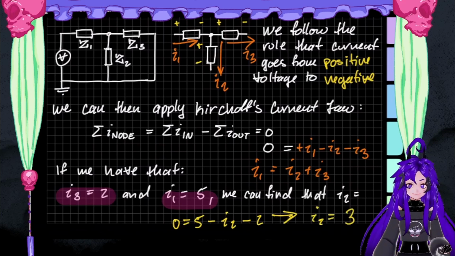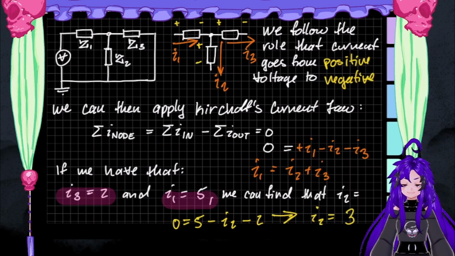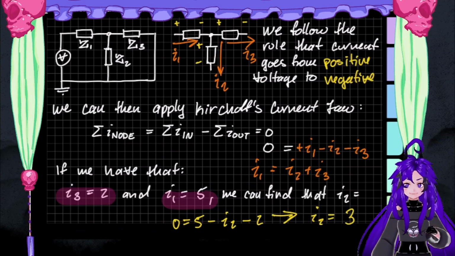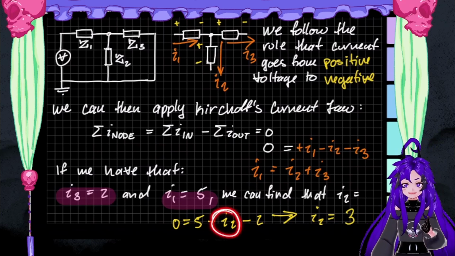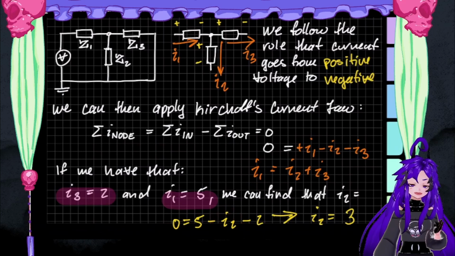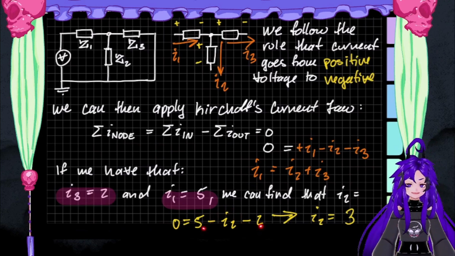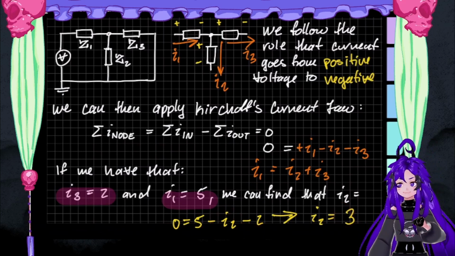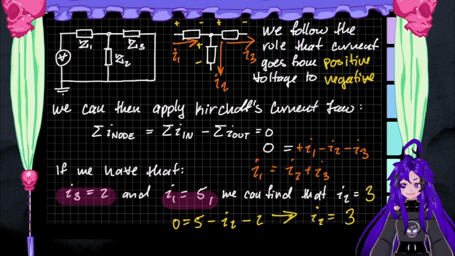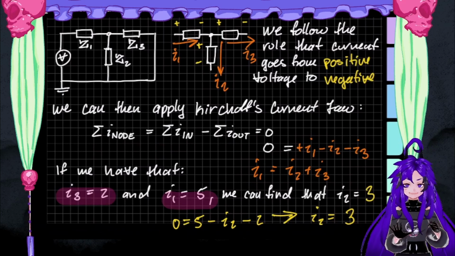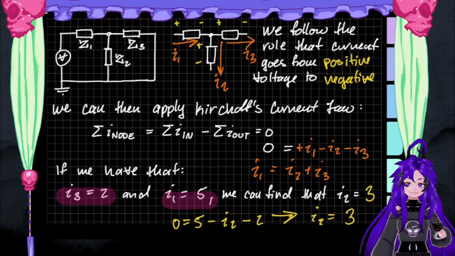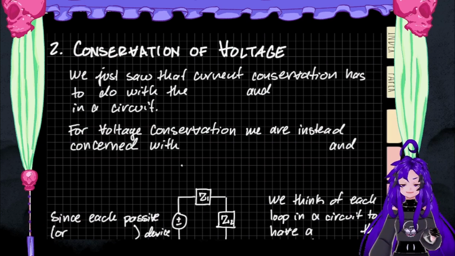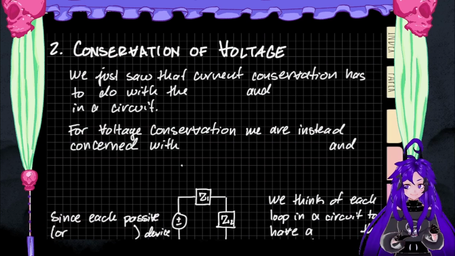Because we would be subtracting I2 across the equals, and that would leave us with 5 minus 2 is 3. Yeah, so kind of a simple example, but important to know because, fun fact, you are going to be doing that a lot.